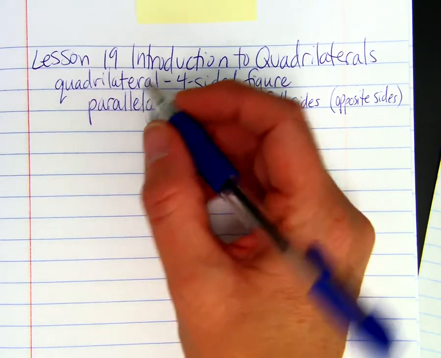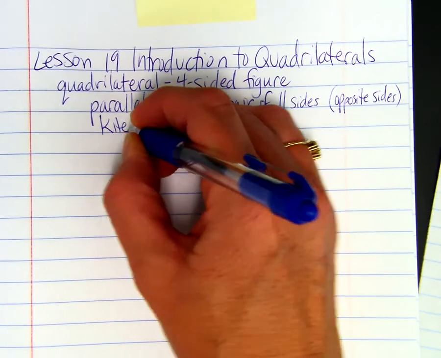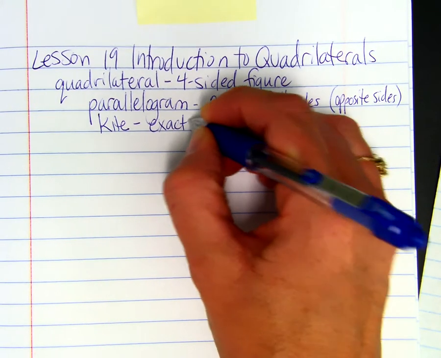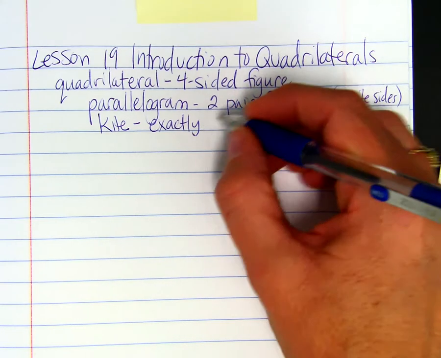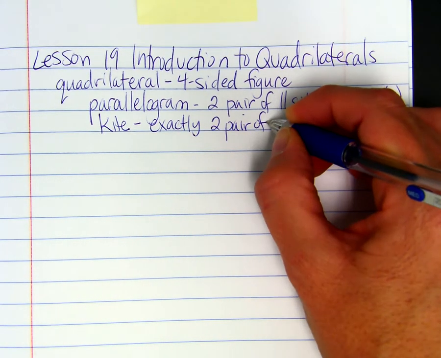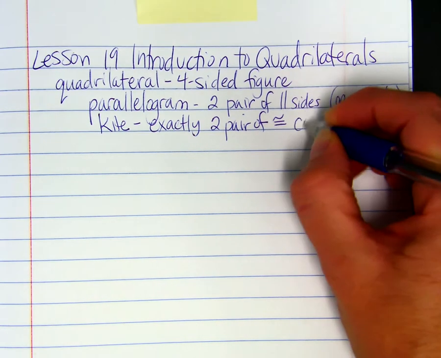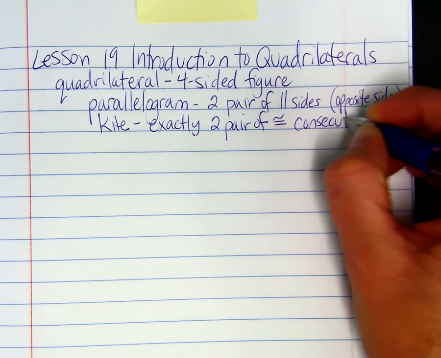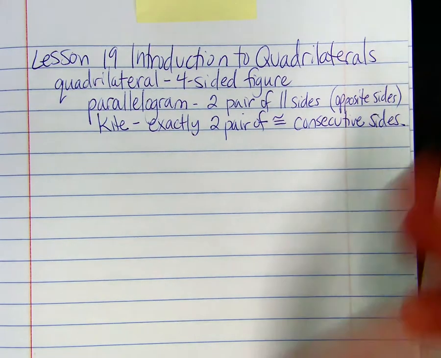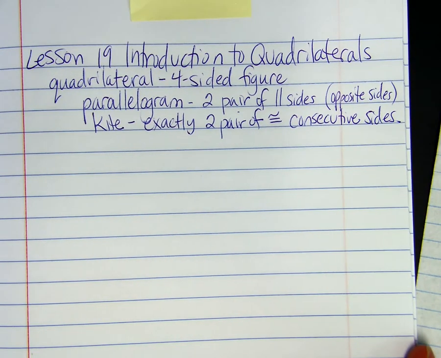Okay? And then a kite has exactly two pair of congruent consecutive sides. Consecutive means they're right next to each other.